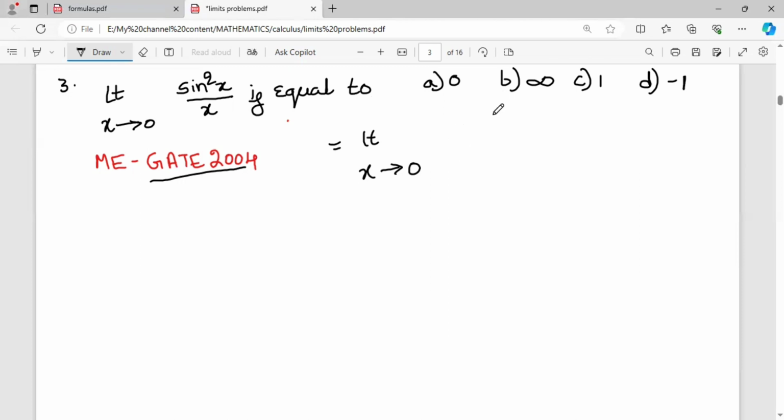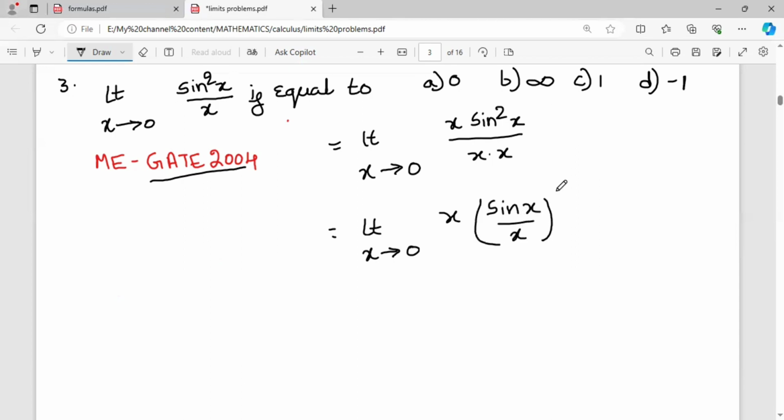So for this purpose, again I am taking sine square x by x. In the numerator I multiply with x, and in the denominator also I multiply with x. So limit x tends to 0 of x into (sine x by x) whole square.